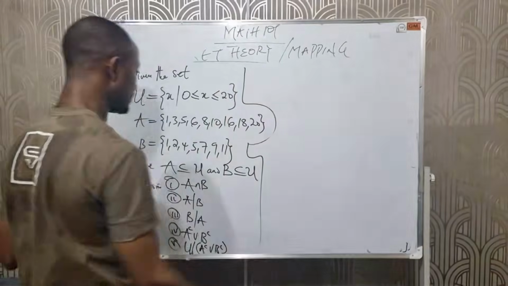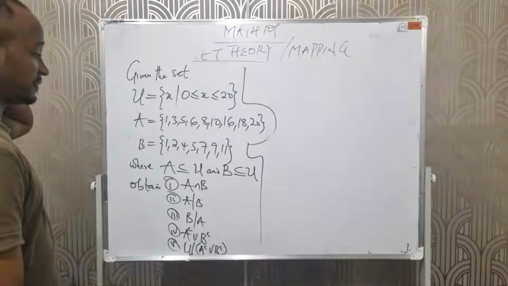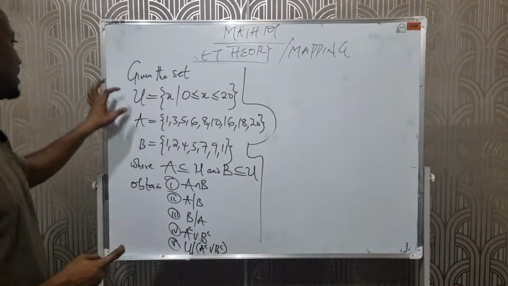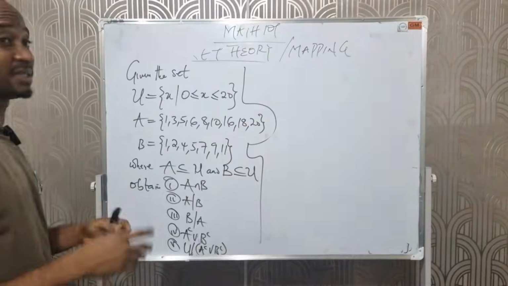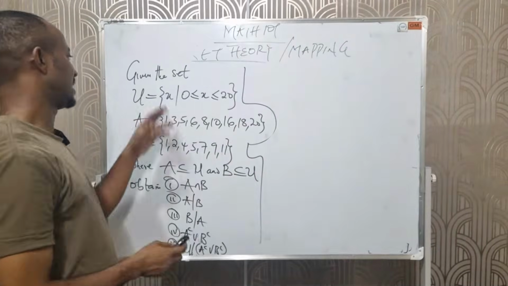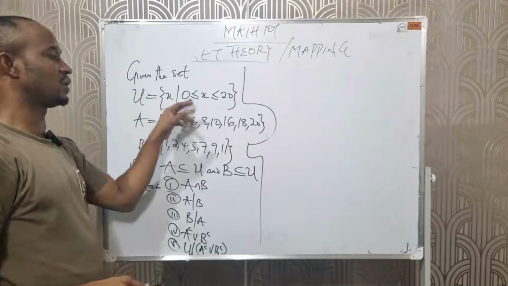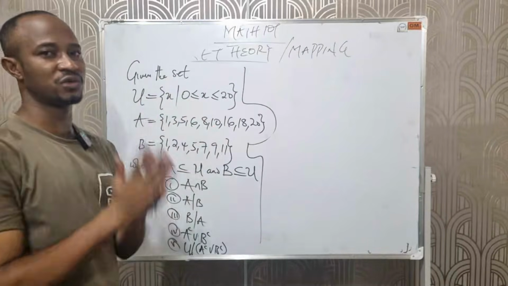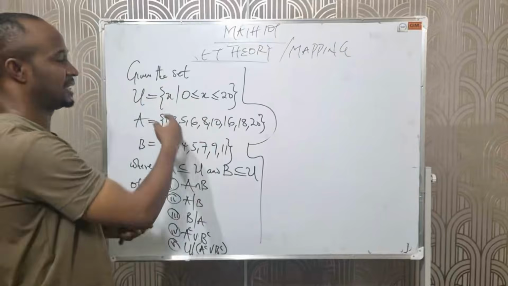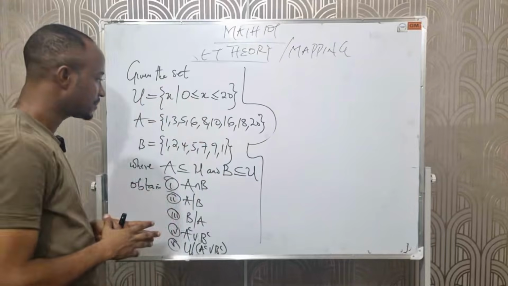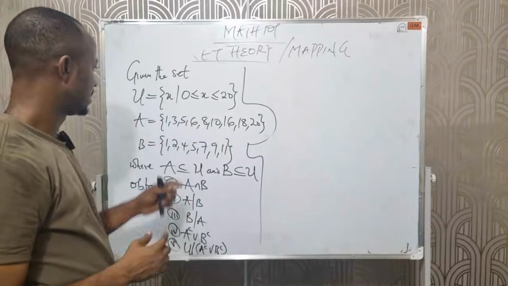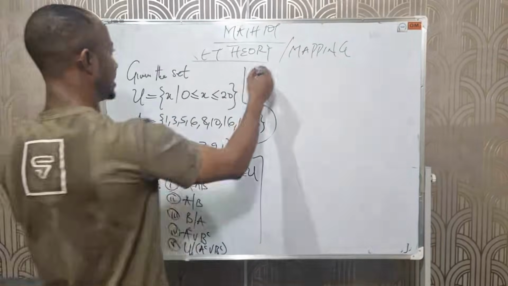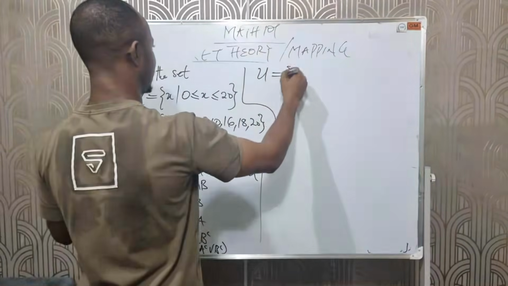If we are given this to solve, this is very simple. First of all, the general set is represented using set builder notation, so the first thing you need to do is to interpret this. Before we start solving, let's interpret the general set first.